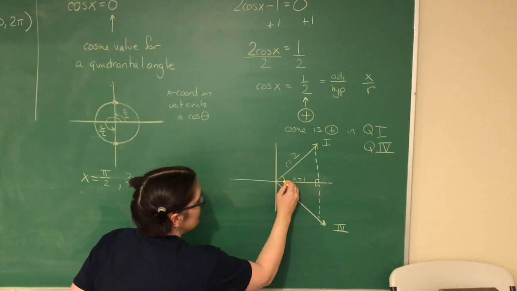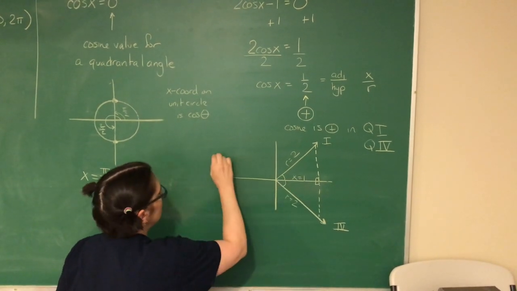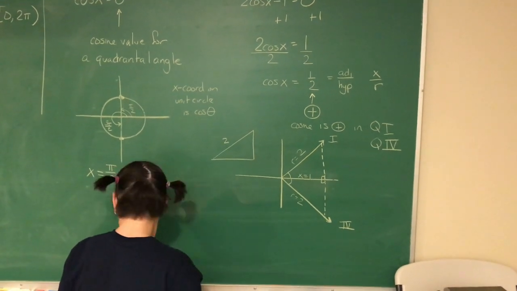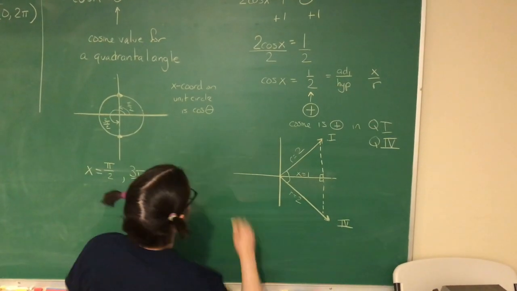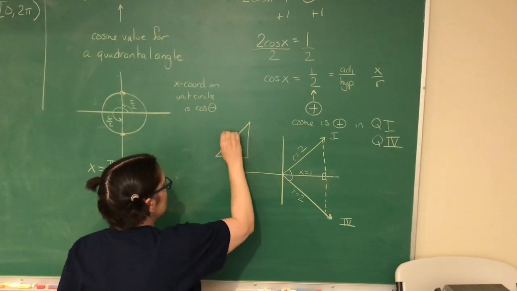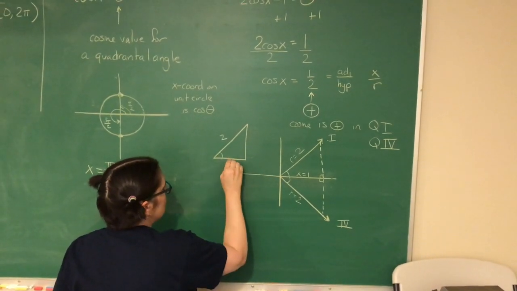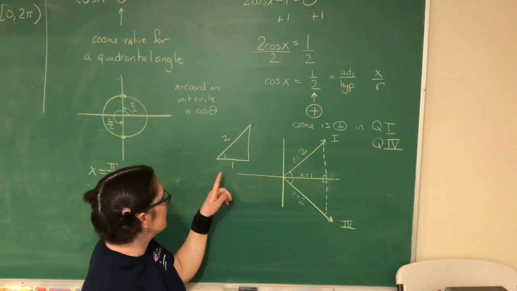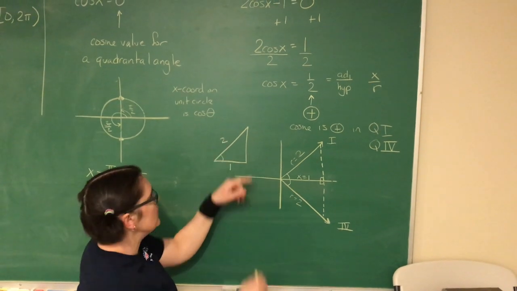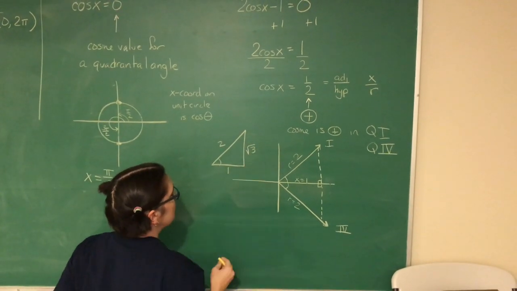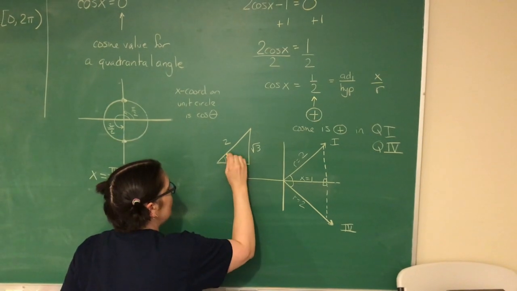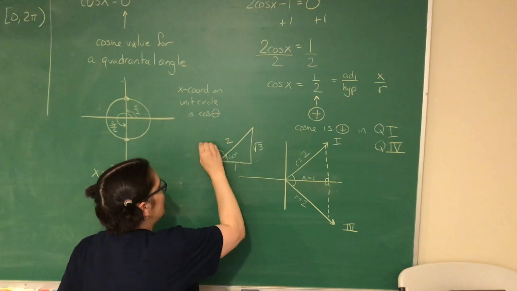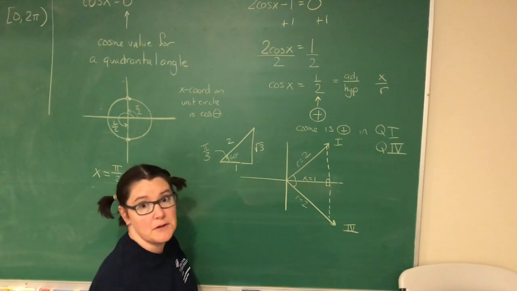And when I look at these triangles, if I'm thinking about a triangle that has its hypotenuse of 2, my hypotenuse is 2 and my adjacent side is 1, then I recognize this as my 30-60 right triangle, because I have a 1, my hypotenuse is 2, my other side is square root of 3, and so my angle in here is an angle of 60 degrees, or I can think of that angle as pi over 3.